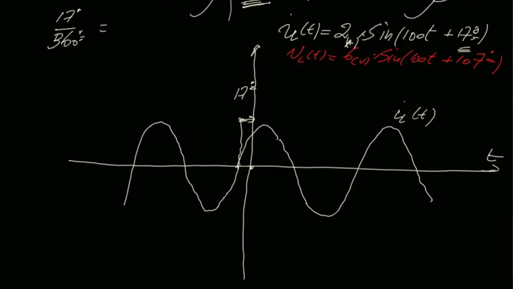It really means that when this one is at 0, the voltage is at its peak. When this one is at its peak, the voltage is at 0. When this one is at 0 going down, the voltage is at its negative peak. So say this is the peak of the voltage, and this is the peak of the voltage. When this one is at its negative peak, the voltage is at 0. All right? So it looks something like this.